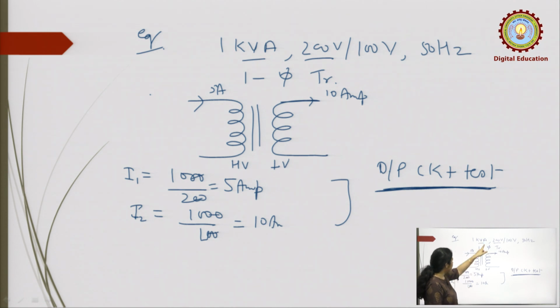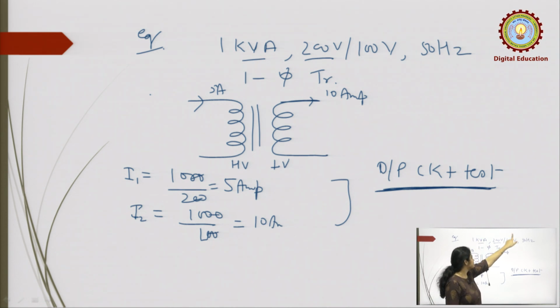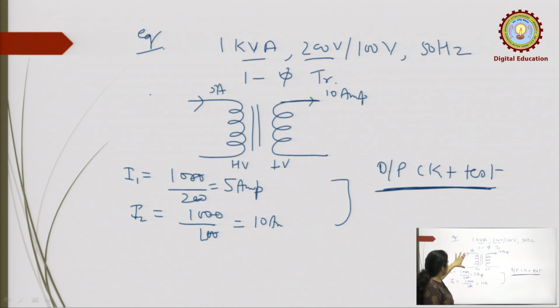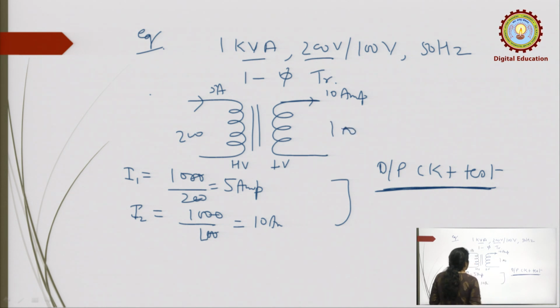because if you see this transformer, the current is 5 ampere here, 10 ampere here, and the voltage is 200 volt here and 100 volt here. Now, it is performed at no load.